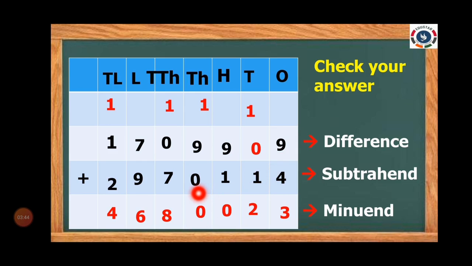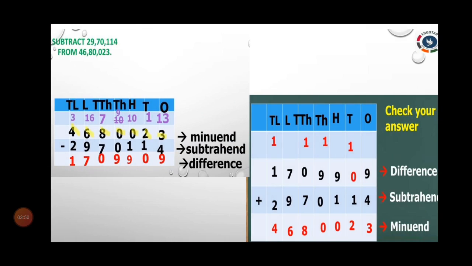If we get the same value, your answer is correct. That is given in the next slide. First we subtracted the values, second we checked the values. We get the greater value, 4680023. The same value we are getting here, so your answer is correct.